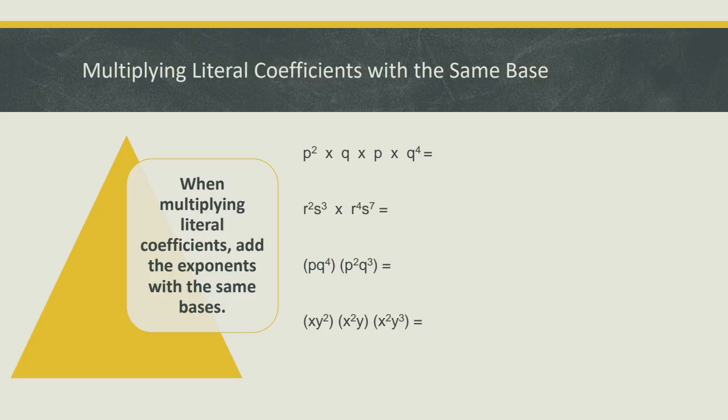We'd have a plus sign or a minus sign in between here, and we would look for variables with the exact same letter and the same exponent. In this case, we're only looking at the letter. So I have a P squared and a P. So this P squared and this P can get combined, and what we do is we add the exponents.